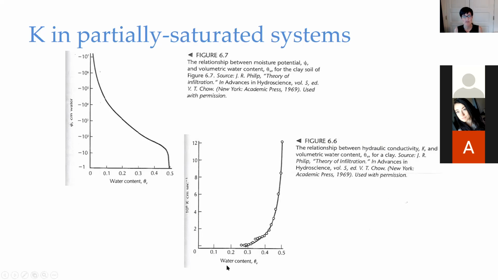If the water content is high, that means the pores are filled with water and the hydraulic conductivity should be high. As you start to lose water, the hydraulic conductivity starts to fall because there starts to be air in the pores and it's in the way of the water.